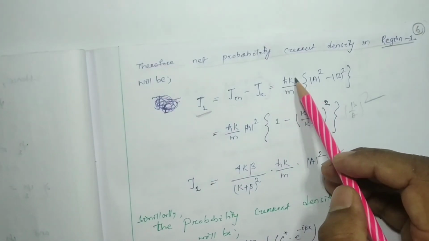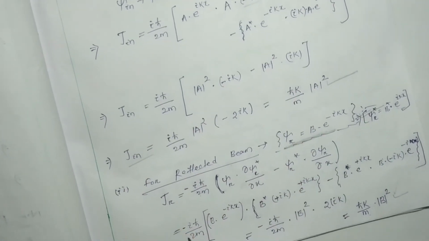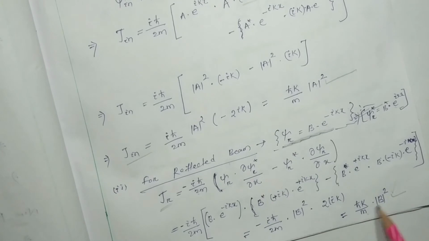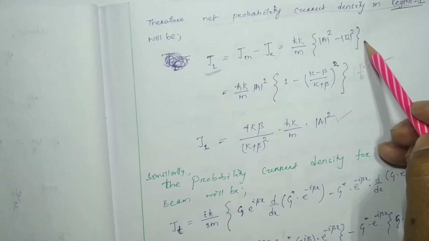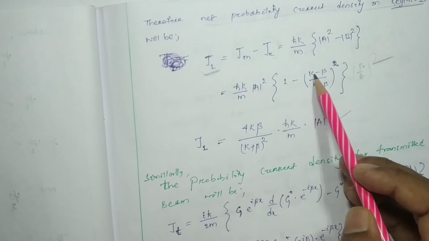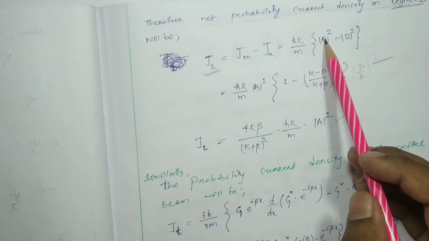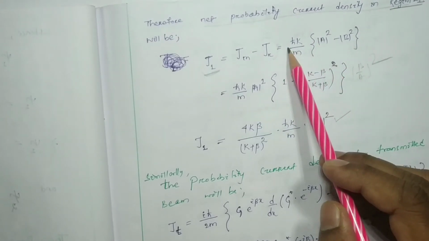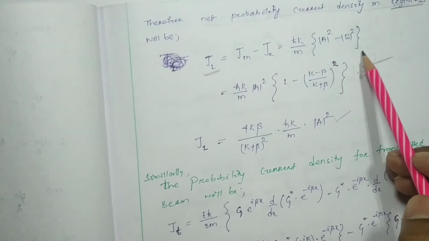That means Ji is ħk/m |A|², whatever we found, and Jr is nothing but ħk/m into |B|². So ħk/m can be taken outside: |A|² minus |B|². So ħk/m |A|² into 1 minus |B|² by |A|², if |A|² is taken outside.